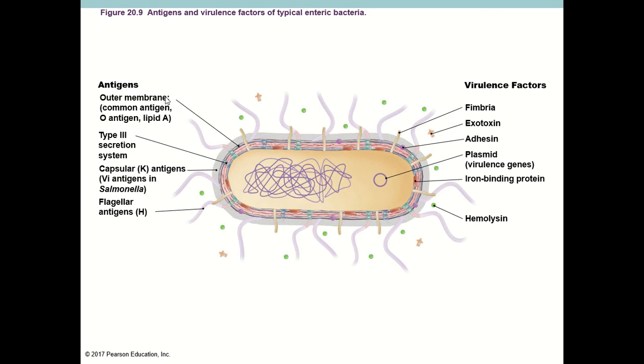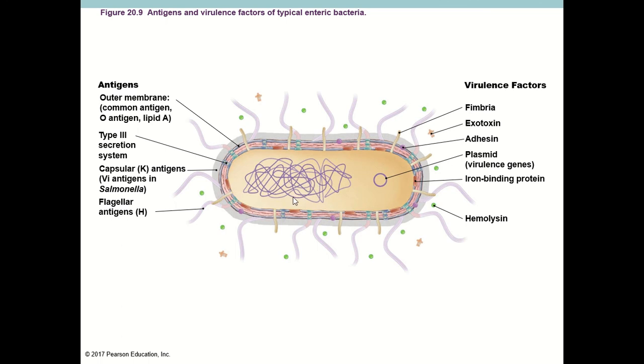So let's divide them up into antigens and virulence factors. What we're looking at here, if you recall, is a generalized diagram of a bacterium that contains a single cell. It contains a membrane, a cell wall and a capsule. There's DNA inside.